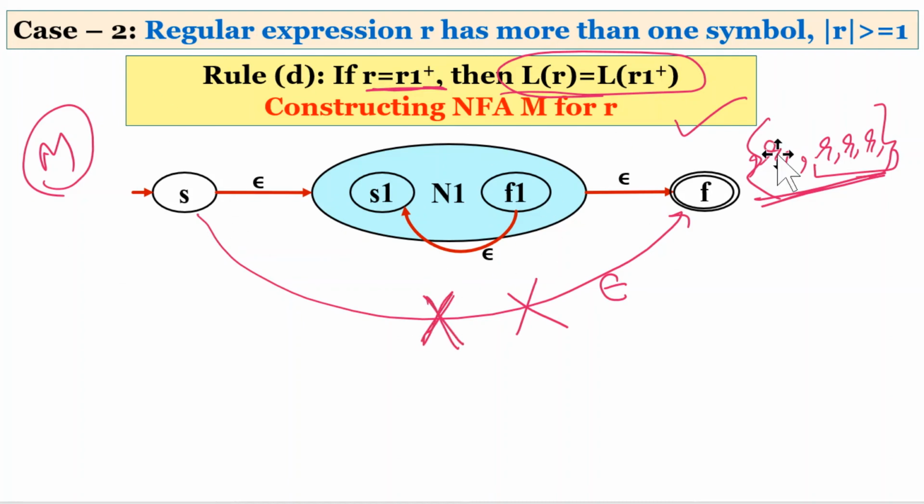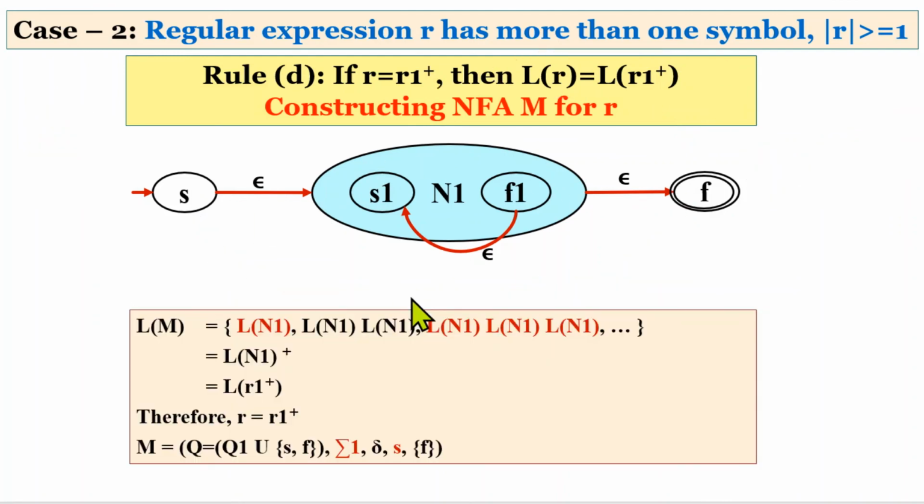The rest of the machine is the same as rule C. This is the proof for the language, as we have just removed null. So the positive closure is equivalent to R1's positive closure, with the expression R equals R1 plus. The complete machine is the same as in rule C.